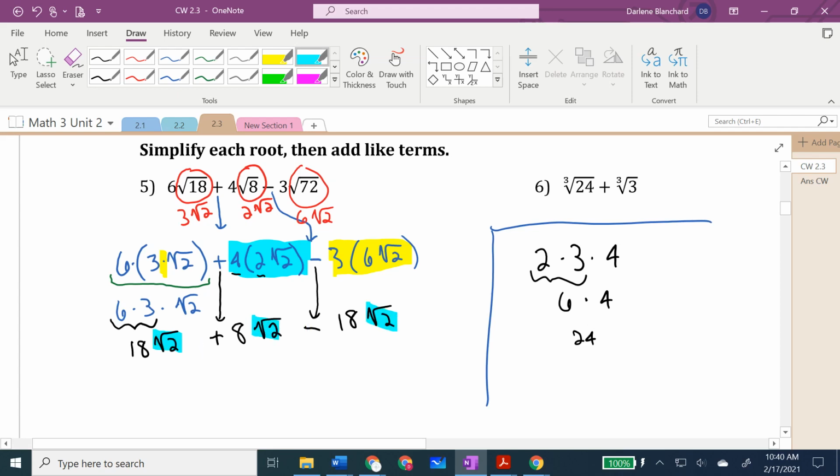And in fact, you've got 18 root 2 minus 18 root 2. That's convenient. And you end up with 8 times the square root of 2. But ultimately, what you are doing is doing 18 plus 8 minus 18 with root 2 factored out of it.